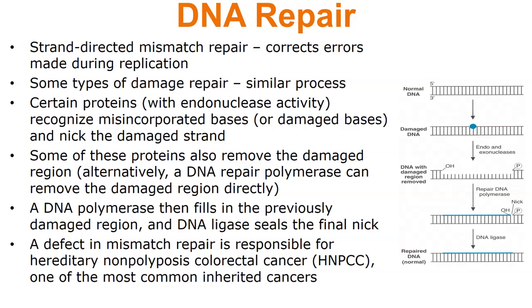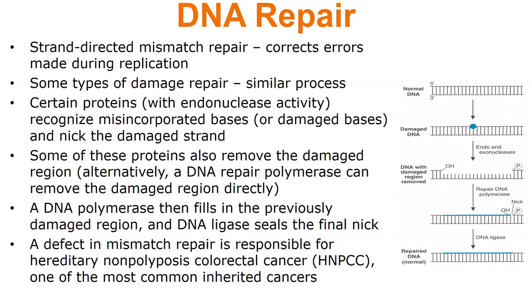You'll see those two names, HNPCC and Lynch syndrome, used interchangeably. They mean the exact same thing, but the common name you'll frequently encounter is Lynch syndrome. I want you to know Lynch syndrome is a defect in mismatch repair, so it's a defect in correcting the work after DNA replication is done.